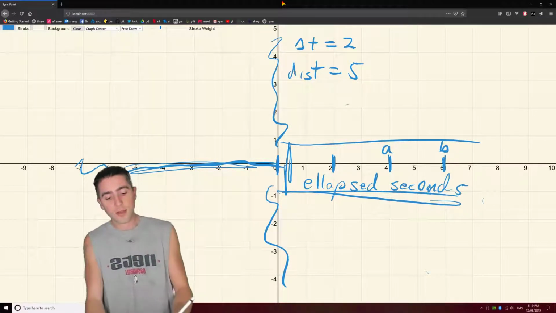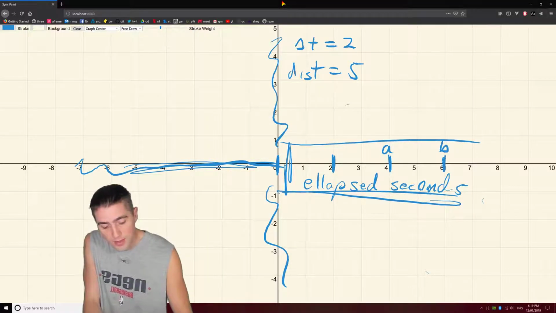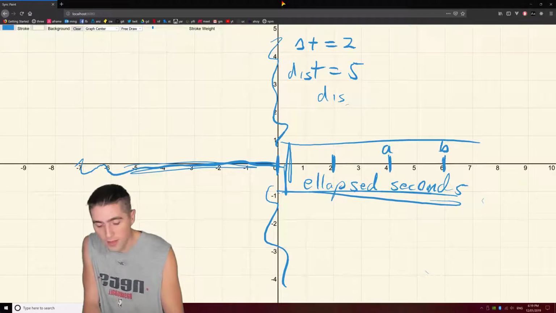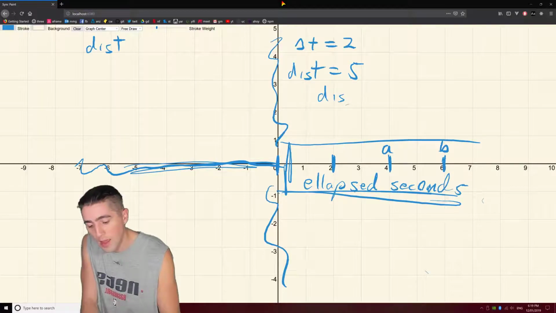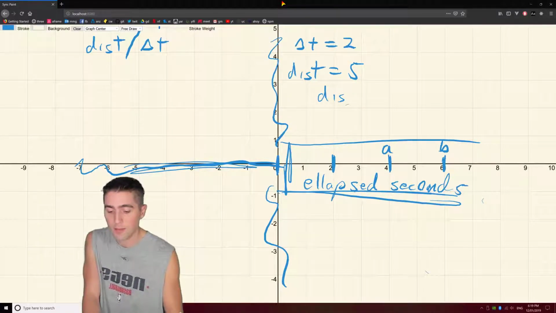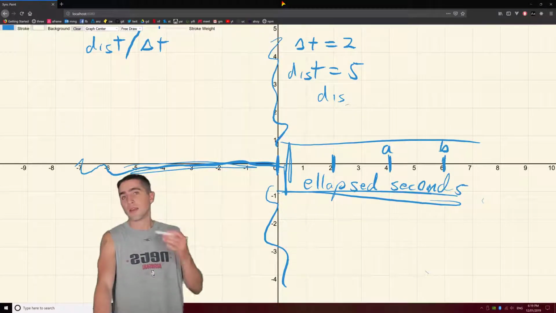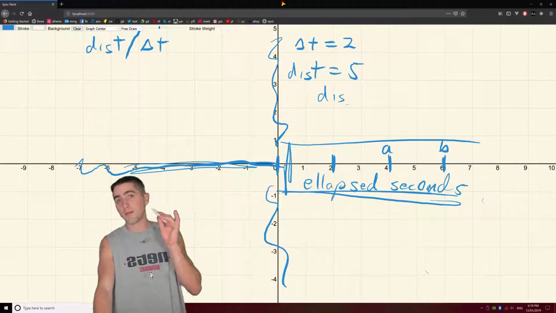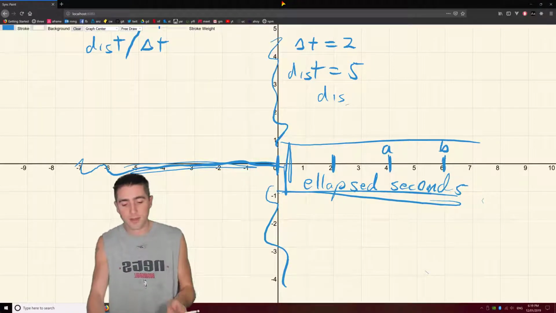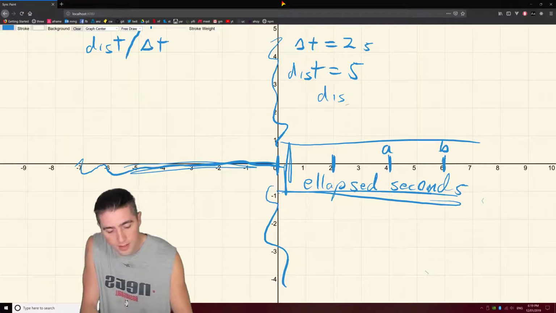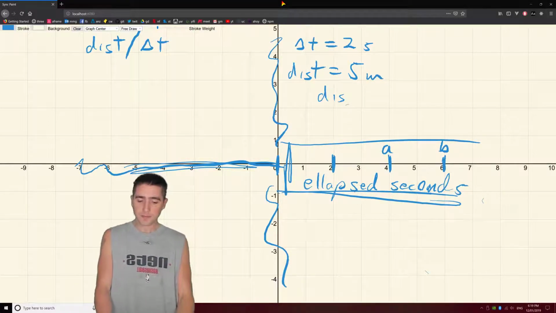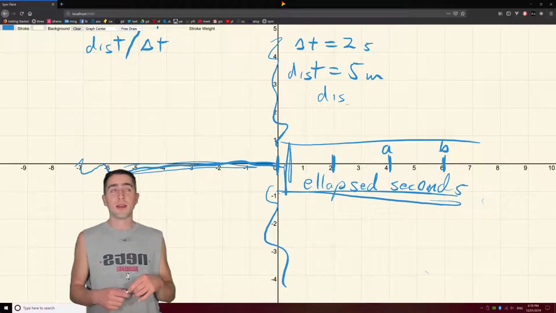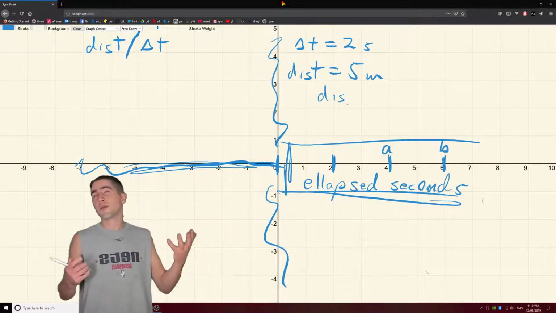Now what we do is we take our distance and we divide it by our delta time, distance over delta time. If we're working in meters and seconds, that'll give us our meters per second. So if that's 2 seconds and 5 meters, 5 over 2, you can think about it, right?